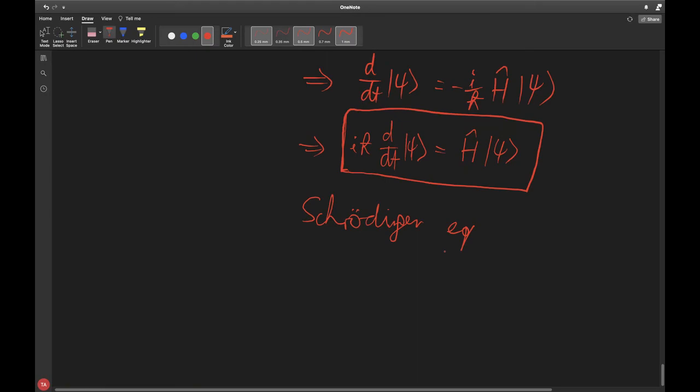So that's something big, I would say. You can see that the Schrödinger equation is not really an individual equation as it is. It's just a direct consequence that time is making things change. There is a time evolution of the states. If there is no time evolution, if the psi doesn't change, then this whole derivative is just zero.